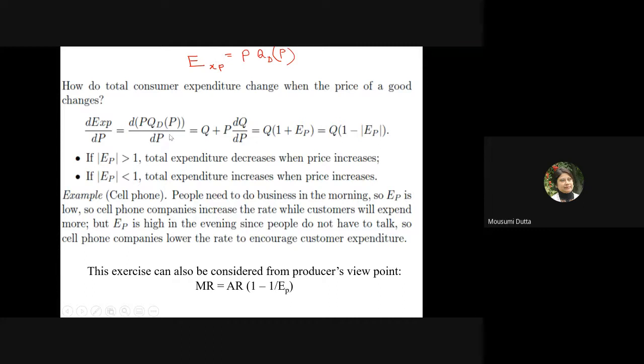Many a time we considered this quantity demanded function. In the Walrasian and Marshallian stability context, we defined quantity demanded and quantity supplied as functions of P. So many a time we already did this, so this is not new to all of you, you did it in earlier cases.